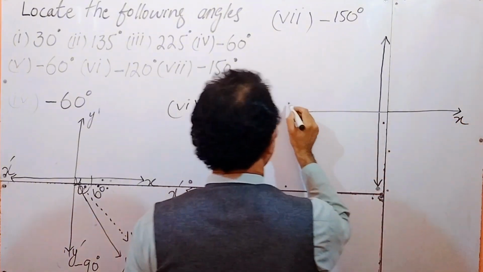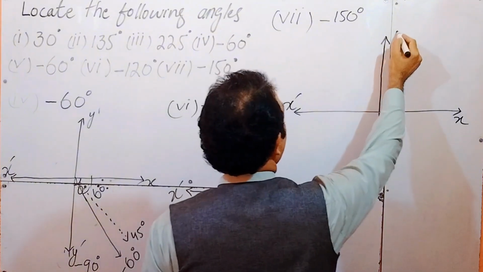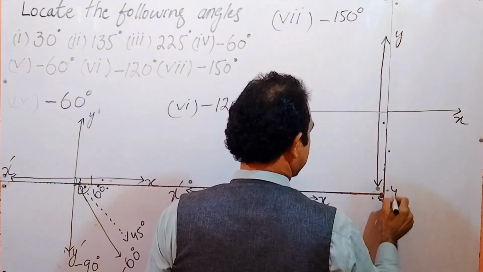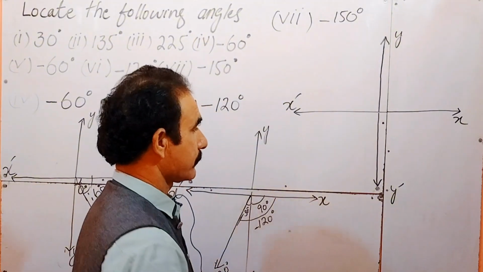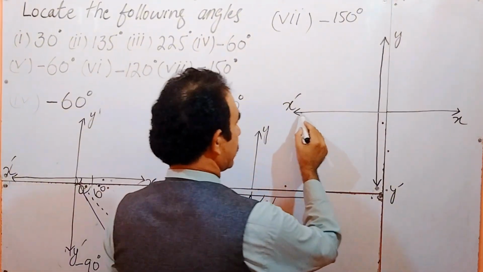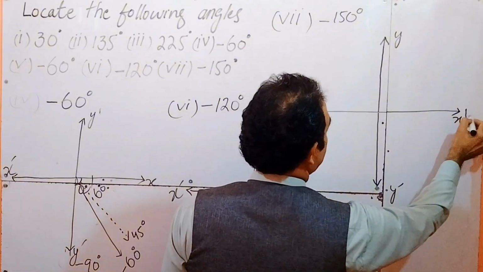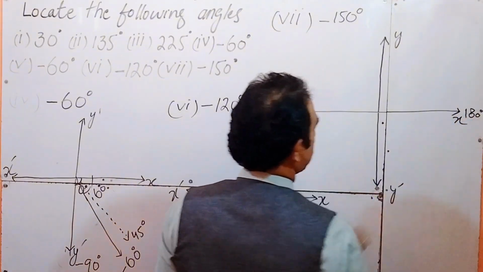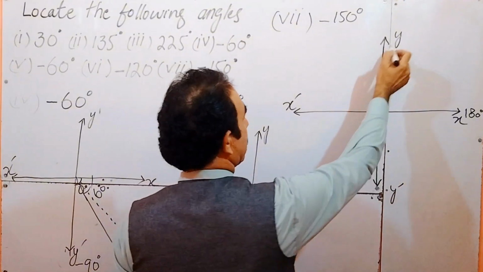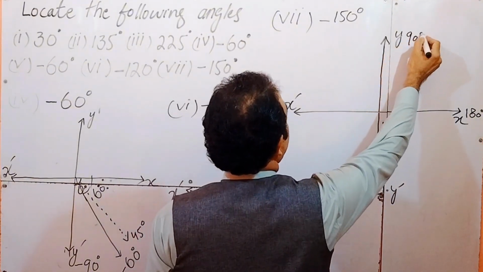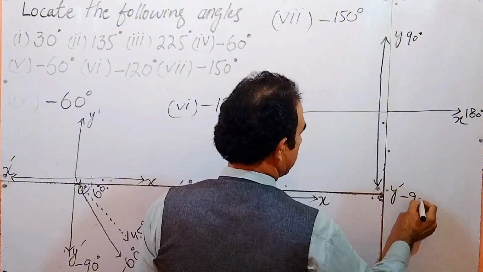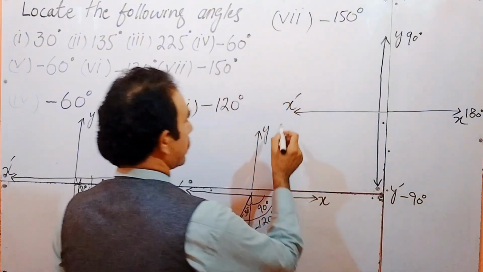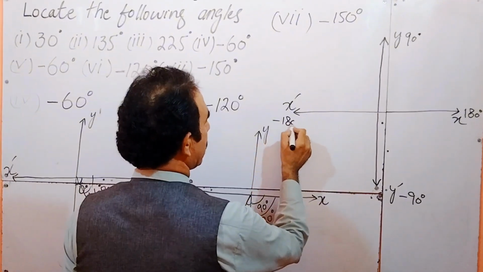X axis, x dash, y axis, y dash axis. That is total 180 angle. That is 90 angle. That is minus 90 angle. That is minus 180 angle.